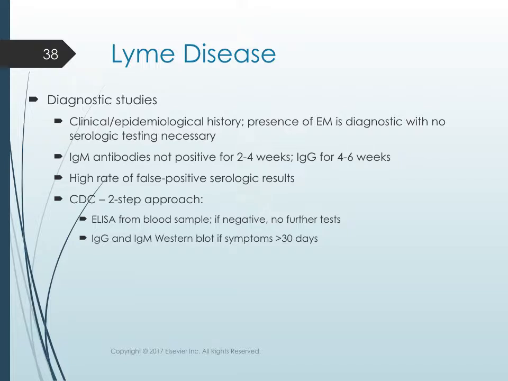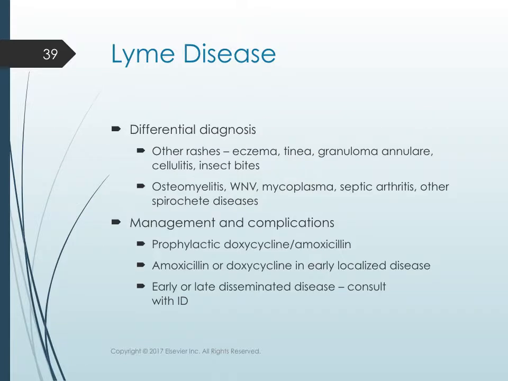The testing, so if there's no EM rash and you have to go forward with serologic testing, it is a 2-step approach because there's a lot of high false positives on serologic testing. So you would move forward with the Western blot. And like I said, that's the treatment.